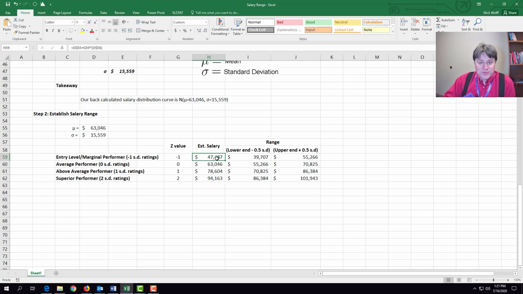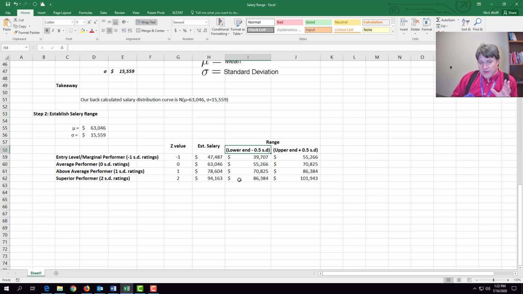Okay, so we have good estimated values, but to establish a range within those categories, we will then have a range that will start at 1/2 standard deviation below to 1/2 standard deviation above that predicted value, and that gives us a good range for negotiation. So an entry-level performer would be hired somewhere in the range of $39,700 to $55,300, and a superior performer would have a range roughly between $86,000 and $102,000.